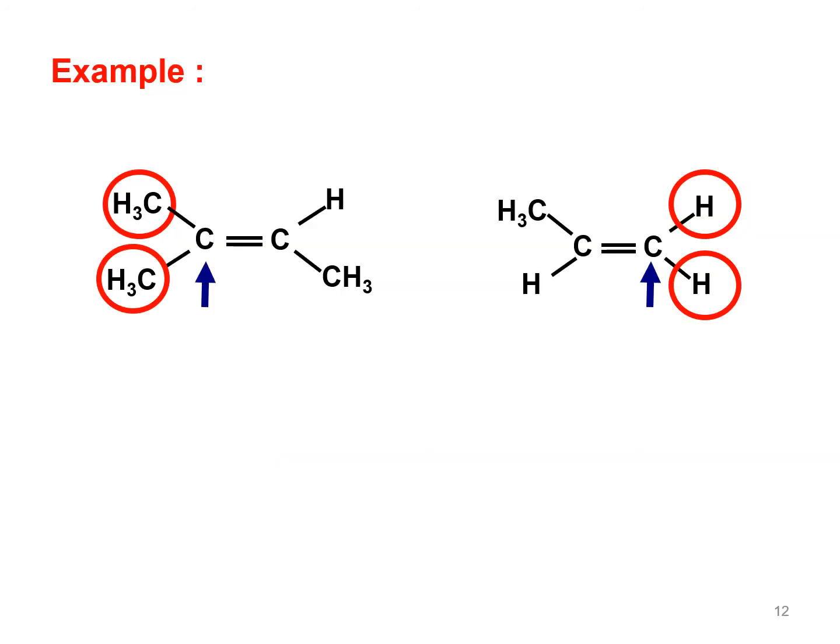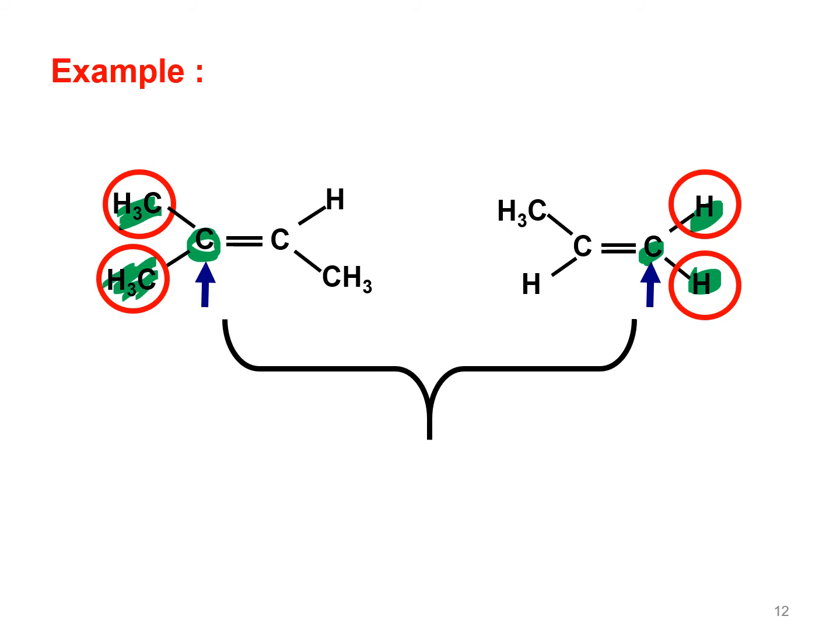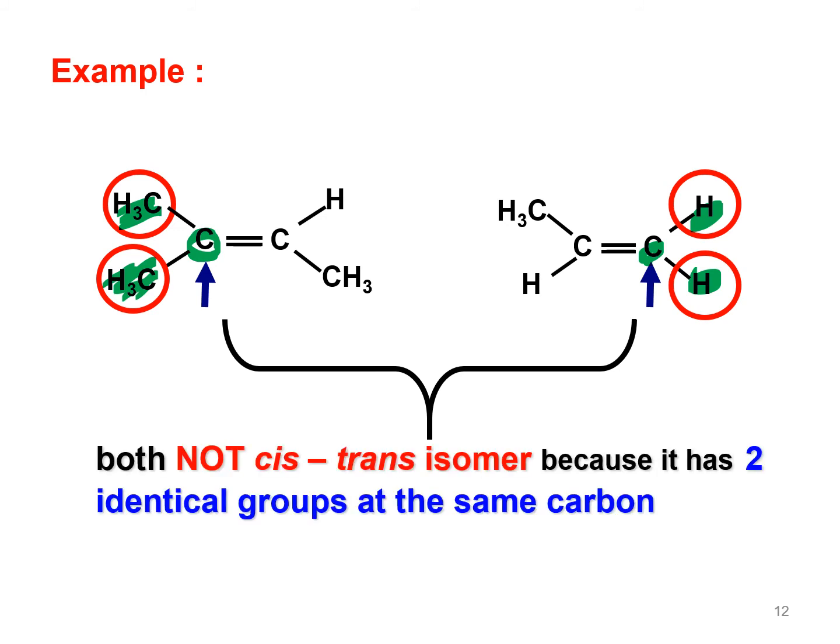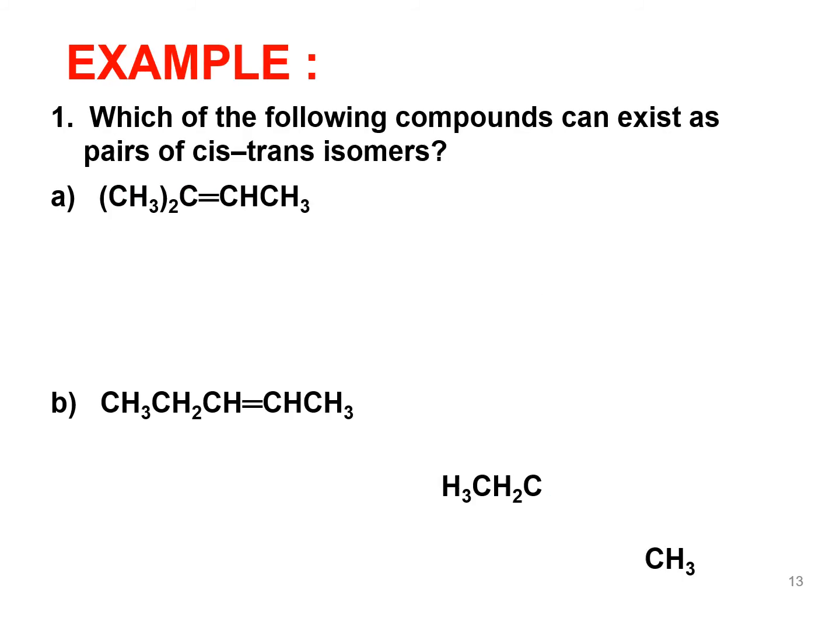This structure also cannot be cis-trans isomer because you see that this carbon has two identical groups attached to it. This carbon also has two identical atoms attached to it. So they are not cis-trans isomers.